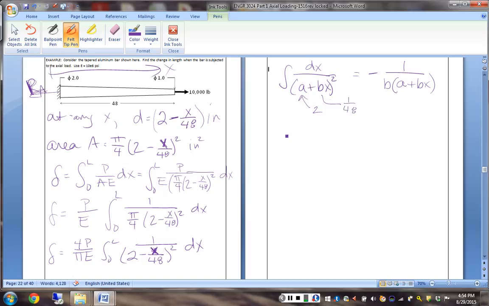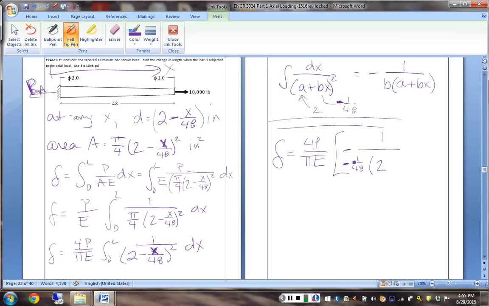So we can say that our deformation is 4P over pi times E times minus 1 over the b value, 1 over 48, because the a value is 2, and our b value is actually minus 1 over 48.